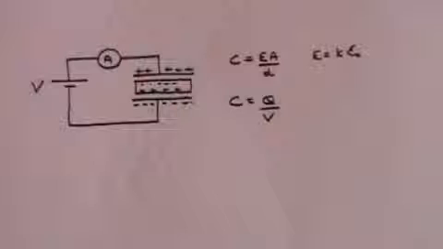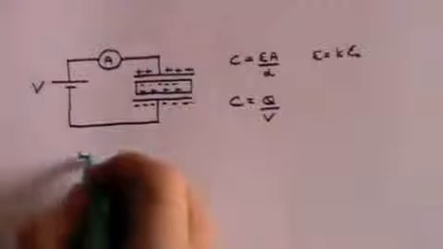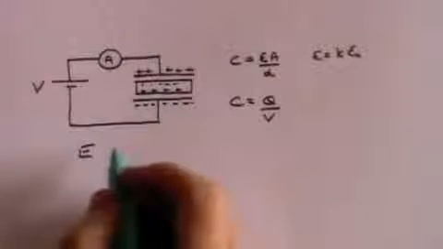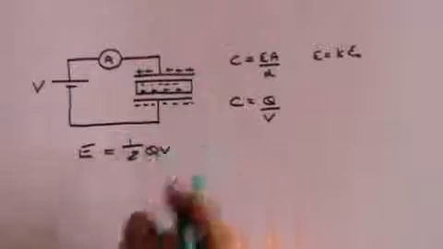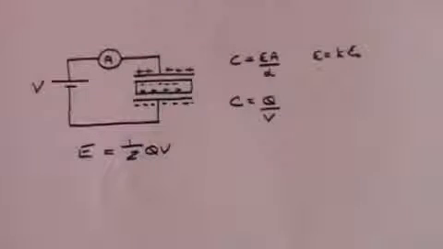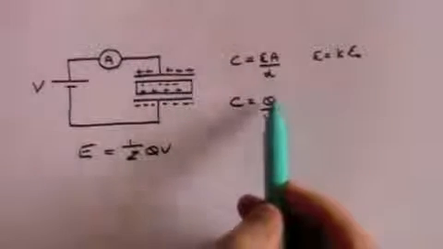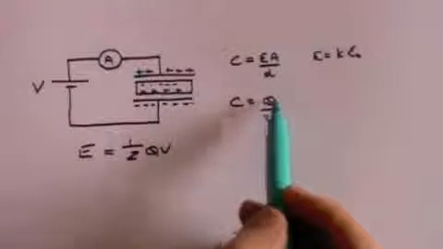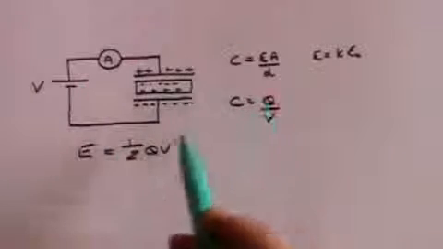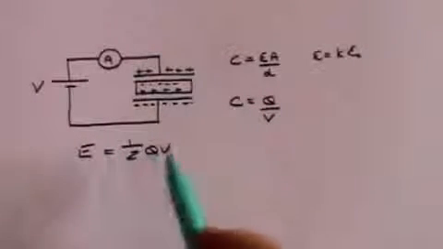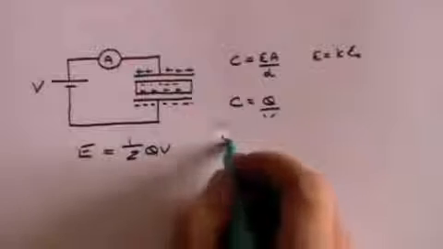What does that mean in terms of energy stored? Well, in my previous video on capacitors, I said that the energy is half QV. I'll demonstrate why that's the case in a moment. But since the charge has increased 5-fold, but the voltage remains the same, that means that the energy will increase 5-fold.